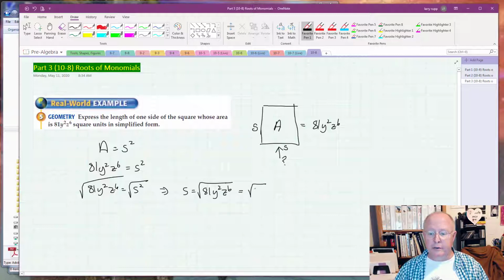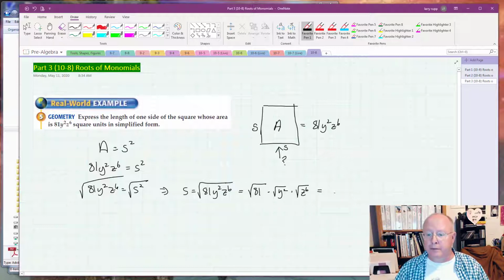We break that down: the square root of 81 times the square root of y squared times the square root of z to the 6th. Let's work it down further.